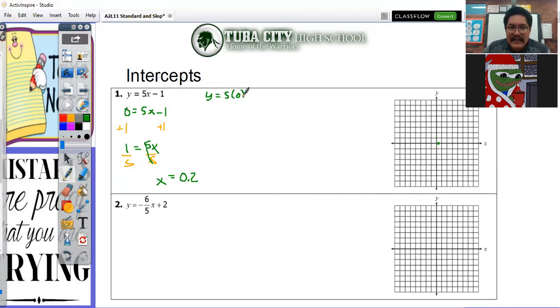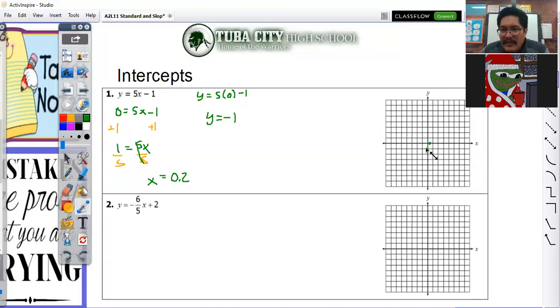In this case, x is equal to 0, and this is usually the easier one. 5 times 0 is 0. 0 minus 1 is -1, so y equals -1. Right? Because 0 times anything, including 5, is going to be 0. So y equals -1. Now I notice with most of these examples, if they were a little bit wider apart, you could be more sure of your line's slope.